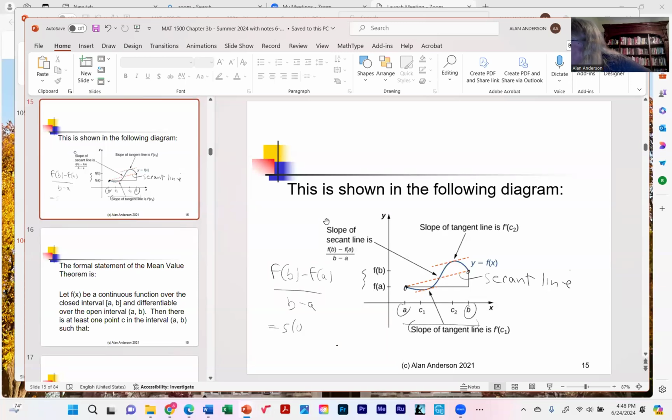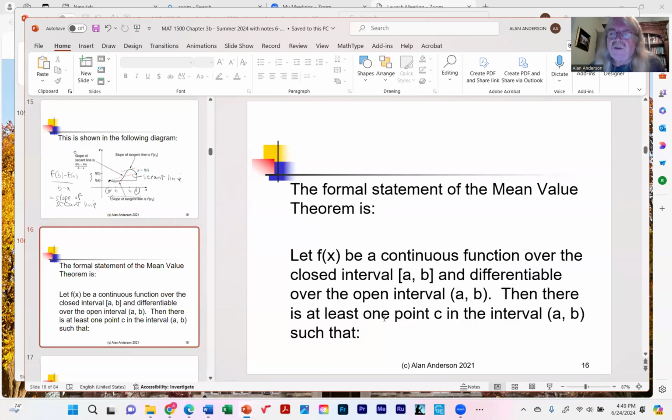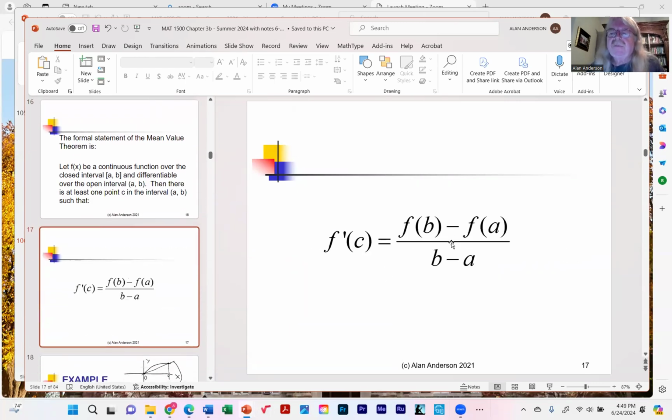That's the slope of the secant. That's why this is why it's written this way. So the secant line that connects the two endpoints, it has a slope of f of b minus f of a over b minus a. And so therefore, we're guaranteed that there's another point where the tangent line has this exact same slope.